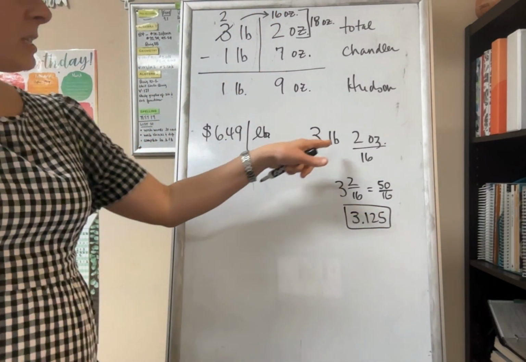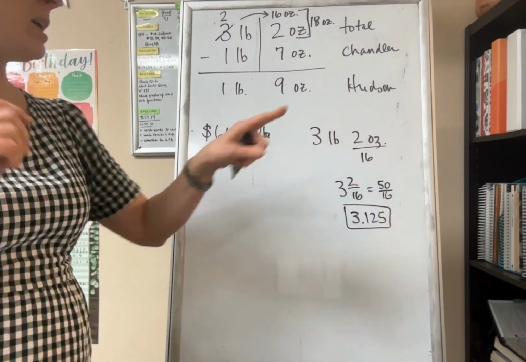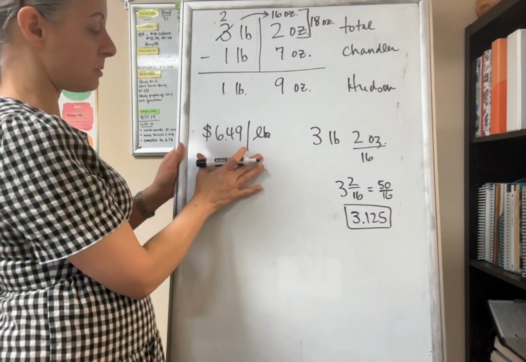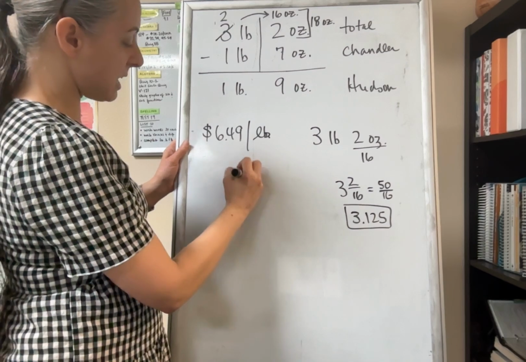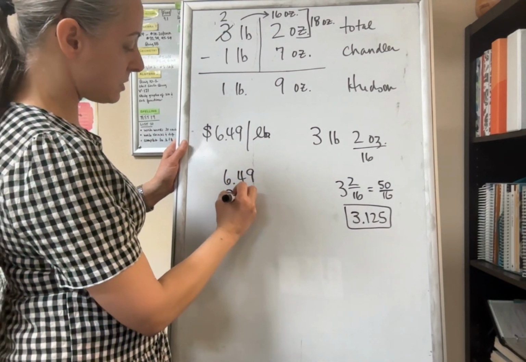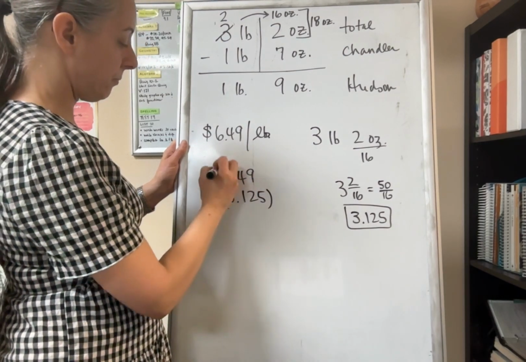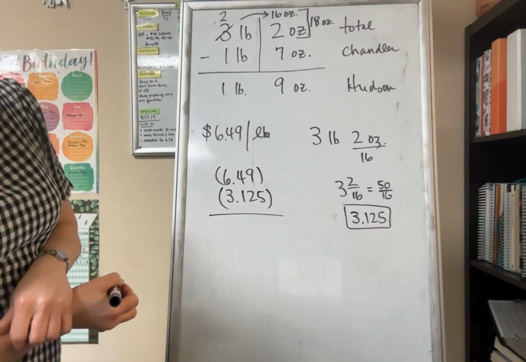So 3 pounds and 2 ounces of candy is the same as 3.125 pounds of candy. So now I can multiply that times my price because my price is only in pounds. So I'm going to say $6.49 a pound times 3.125 pounds.